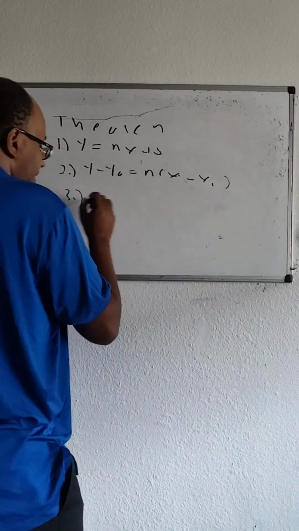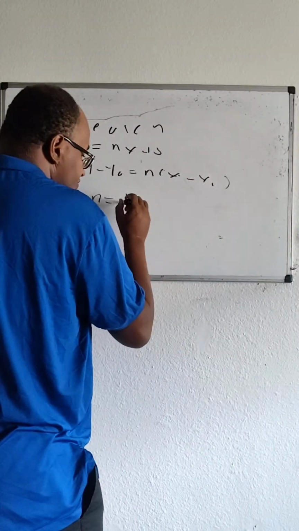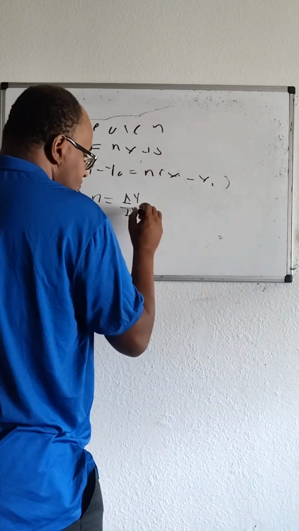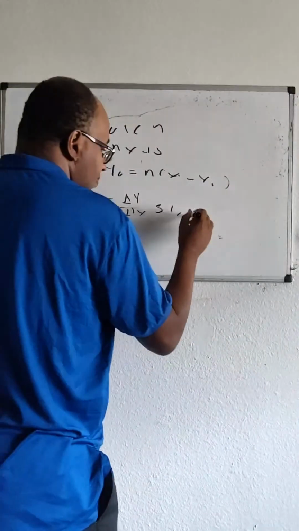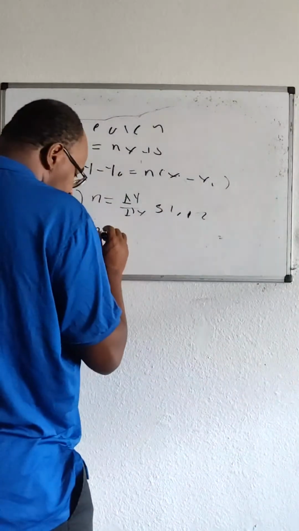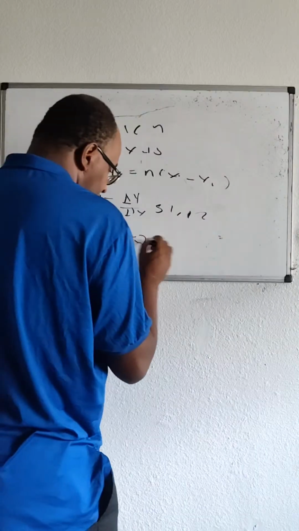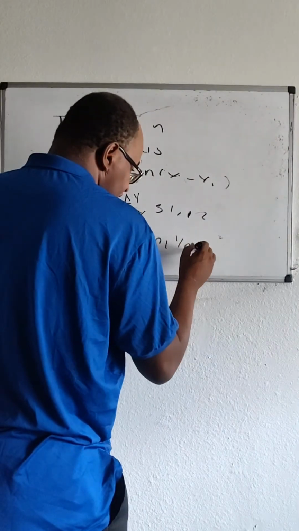And number 3, it's called the slope for M1, M2, M1 times M2 equals -1.